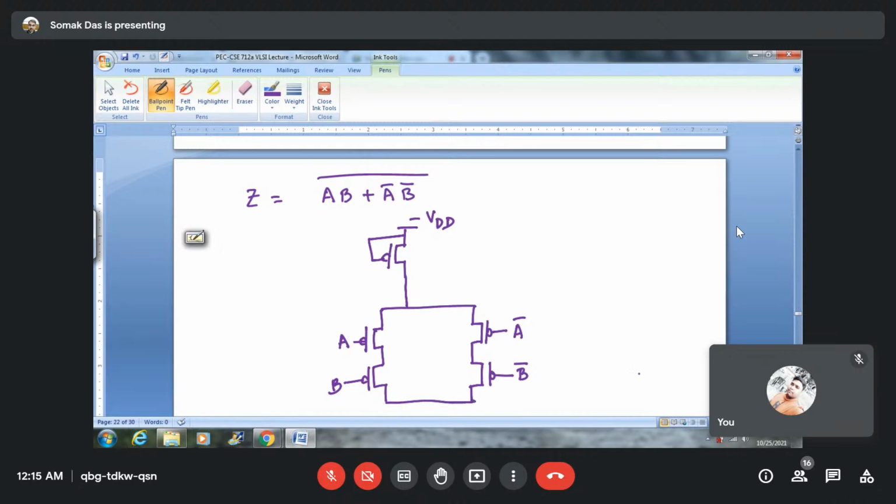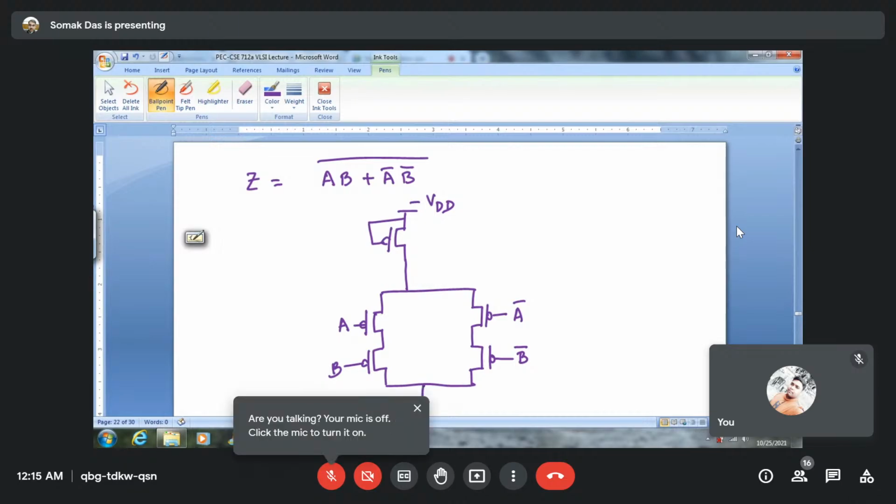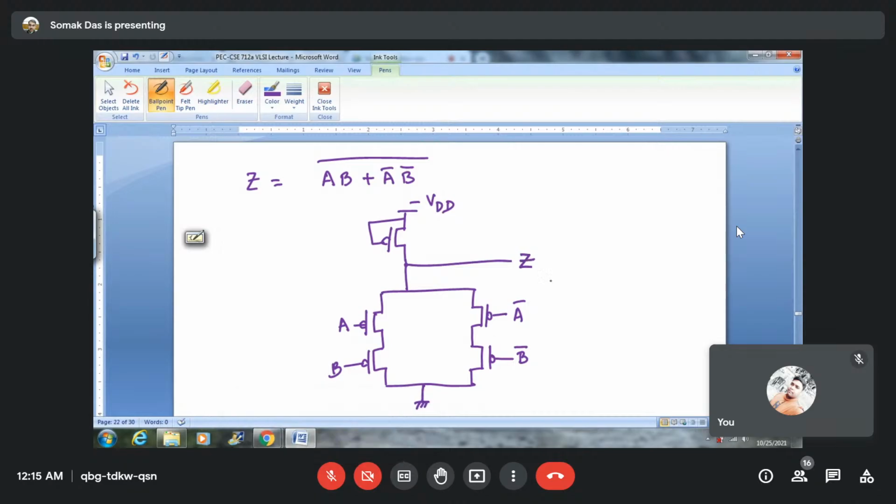Connect these because these are in parallel branches. Ground it, and from an intermediate point between the driver and the load, collect the output. So Z will always be the inverse of the logic which is being represented within this driver network. So this is nothing but the driver network.